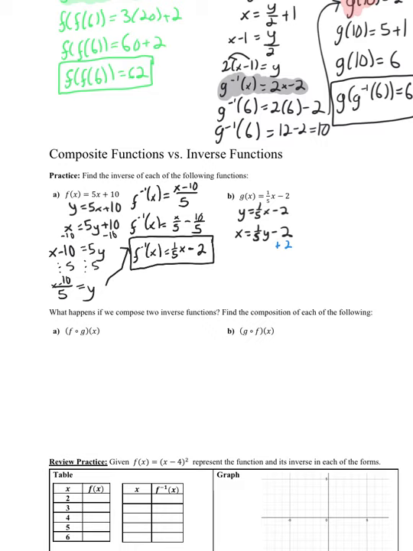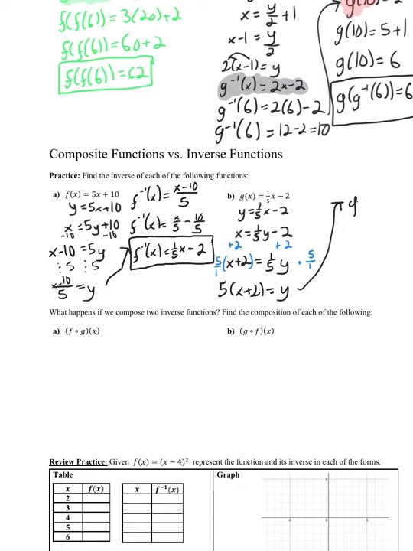For g inverse of x, I'm going to start by adding 2 to both sides. And I have 1/5 times y, so I want to multiply both sides by 5/1. And then I get 5 times (x plus 2) equals y.